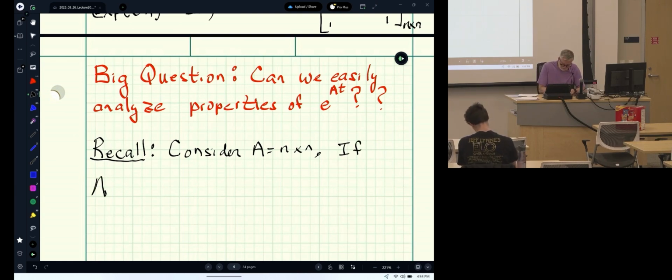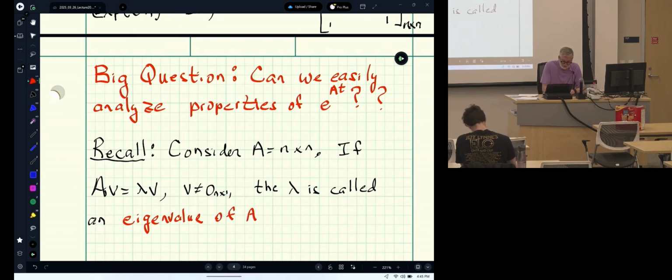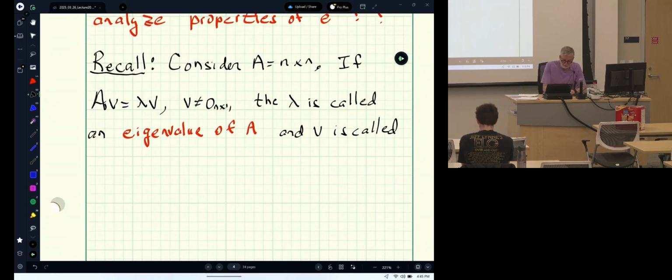If Av equals lambda v, where v is not equal to the zero vector, then lambda is called an eigenvalue of A, and v is called an eigenvector associated with lambda.